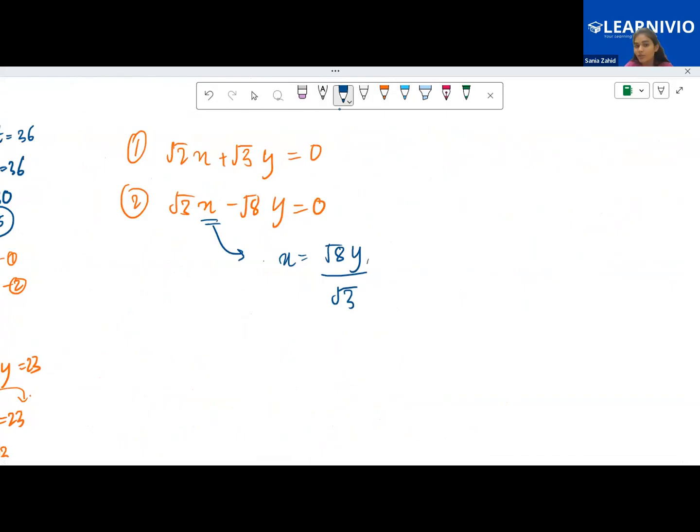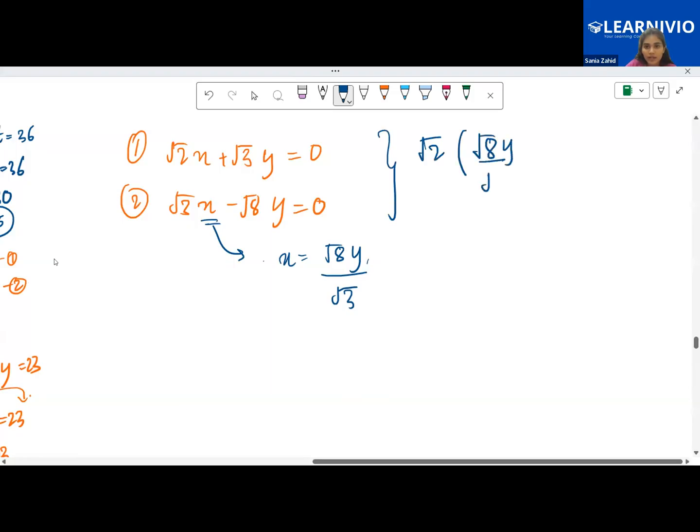Now I'll substitute this value of x in the first equation. So what do I get? Root 2 into root 8y by root 3. Now can you tell me one thing: root 8 into root 2, what does it become?